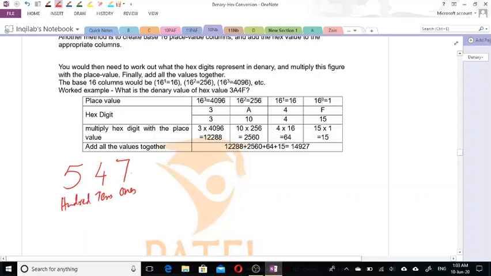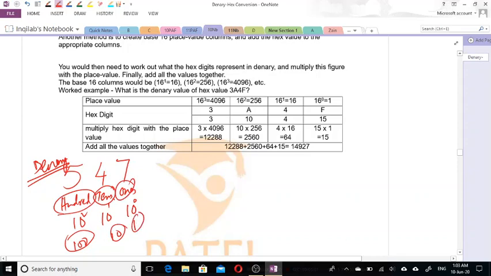The reason is that in denary we use base 10. So this is 10 power 0, 10 power 1, 10 power 2. 10 power 0 means 1, 10 power 1 means 10, 10 power 2 is equal to 100. That's why we say its place values are 100, 10 and 1.